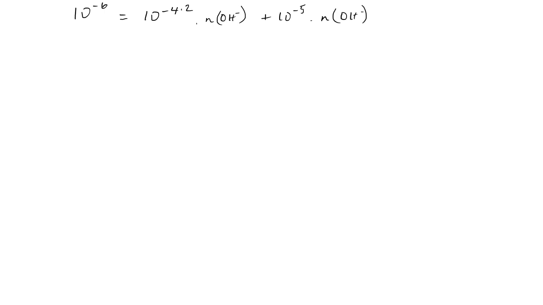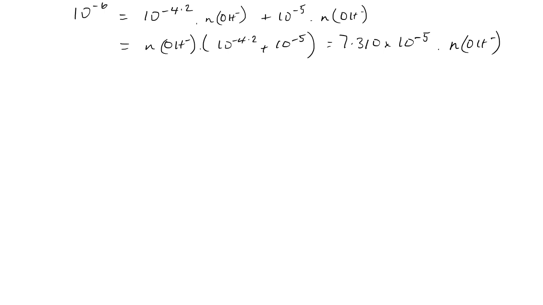I think that's where we got to. So we're just going to simplify that, taking moles of hydroxide out. So that's moles of hydroxide times 10 to the minus 4.2 plus 10 to the minus 5 equals 7.310 times 10 to the minus 5 dot moles of hydroxide.